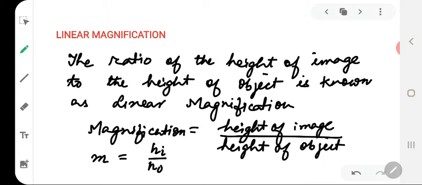So the height of a real image will be negative because it is measured in the downward direction. So very easily we can conclude that though the height of object is always positive, the height of the image can be either positive or negative depending upon whether it is a virtual image or a real image respectively.